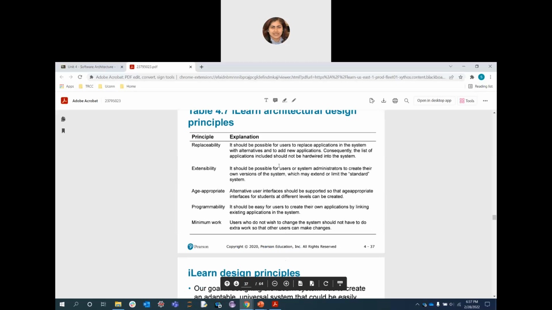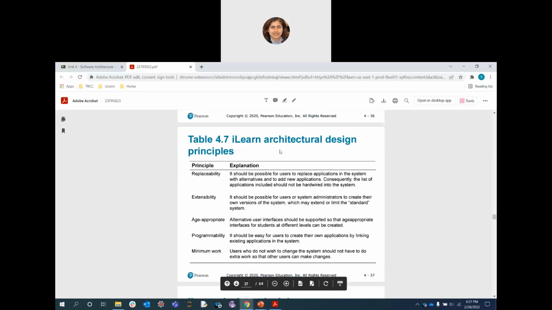So in the iLearn architectural design principles, the various principles are all these: replaceability, extensibility, age appropriate, programmability, minimum work. All these principles are somehow related to the examples that we have seen in the previous chapters.